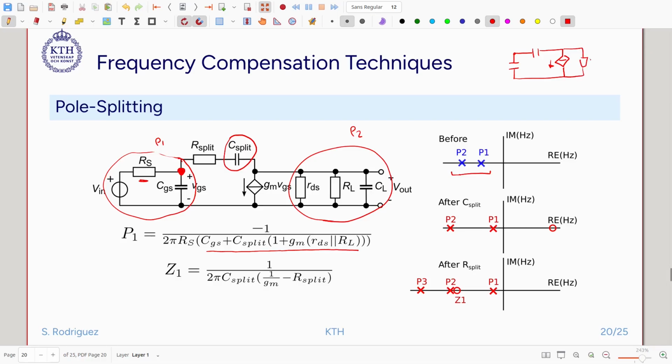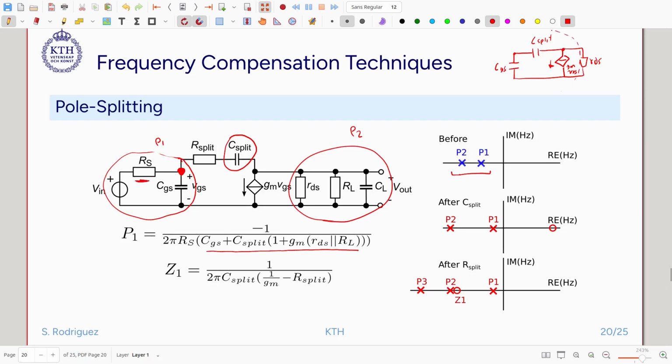And let's take only the resistor. So there will be GM times VGS, C split, and then the capacitance here, CGS. So if this resistance is quite large, I can just disregard it, and then we have a very interesting situation happening here.